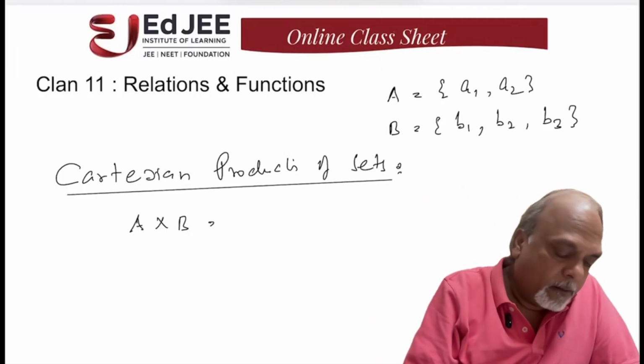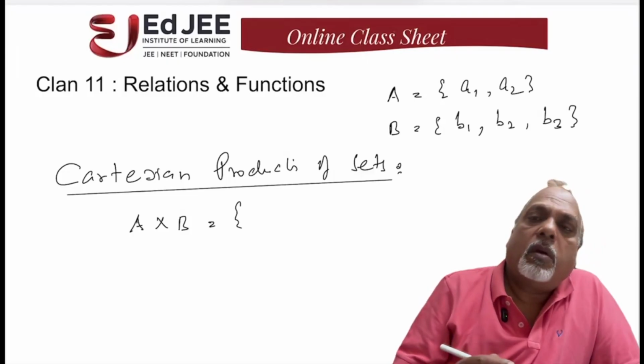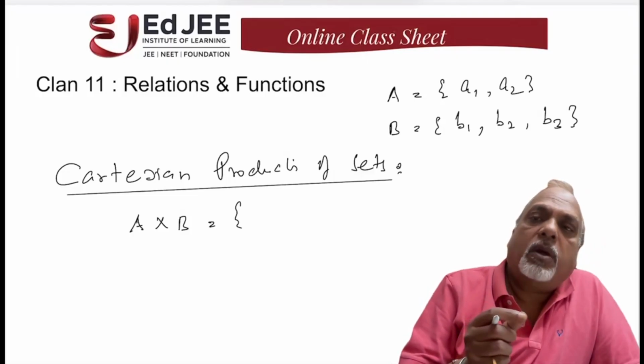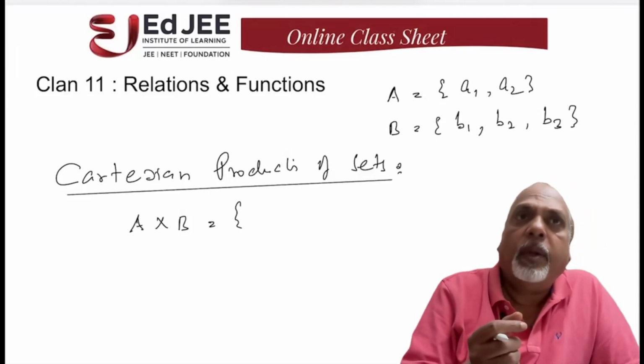Then we have to make the ordered pairs of the elements of set A and set B like this.